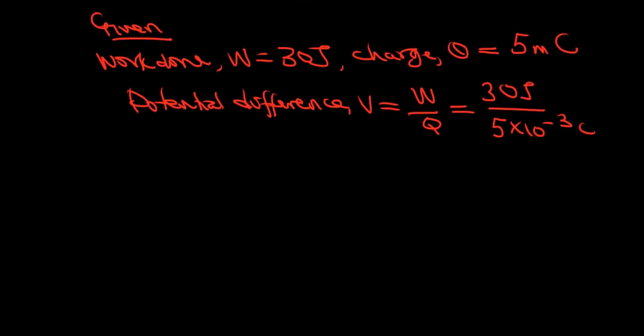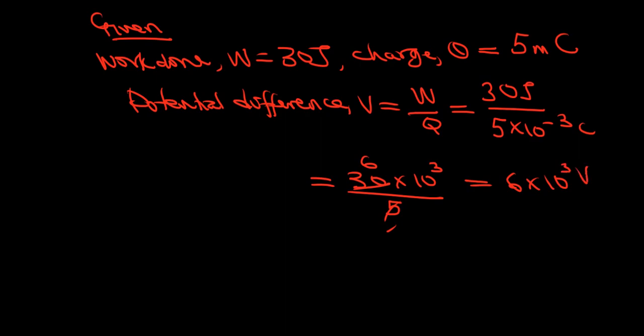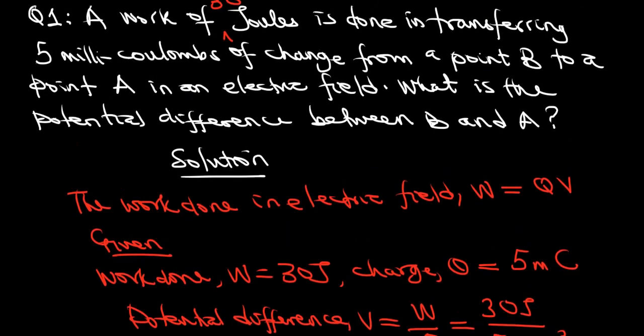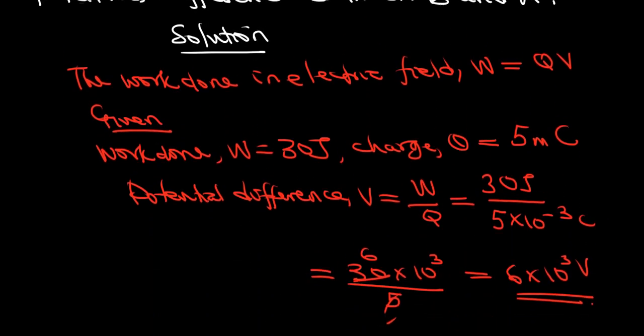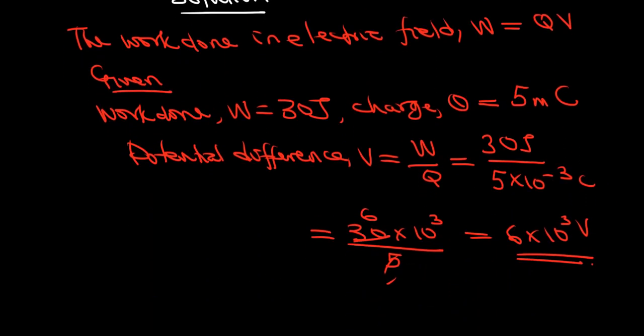From there, this is 30 times 10 raised to the power 3 over 5. 5 goes into 30 six times. So the answer is 6 times 10 raised to the power 3 volts. That's the easiest way to calculate the question.